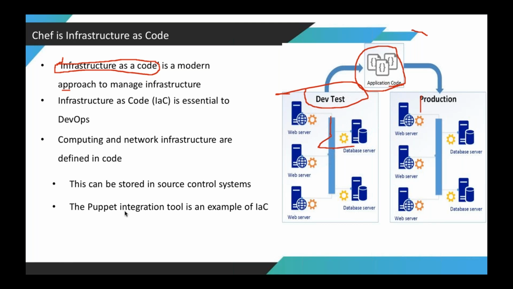And you can define everything inside your SCM tool, whether it's networking or your configuration part, and everything would be defined in the source control systems, and then you can execute them to create your infrastructure.